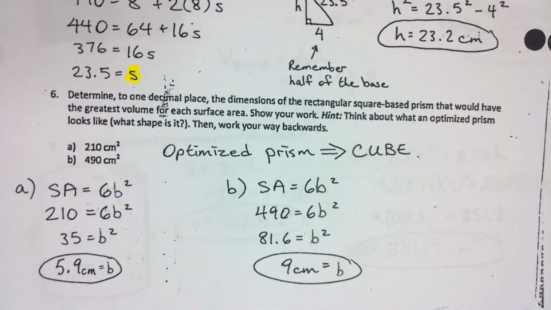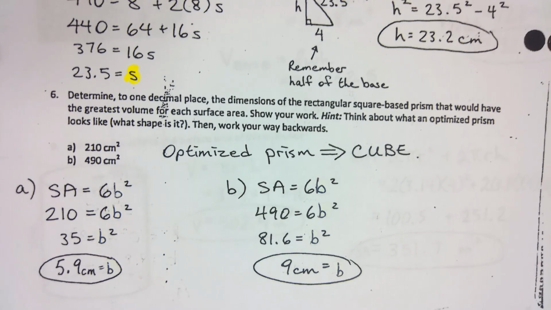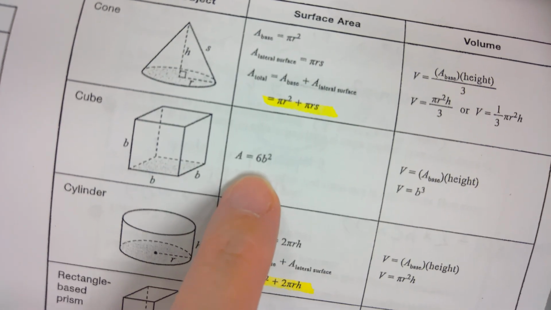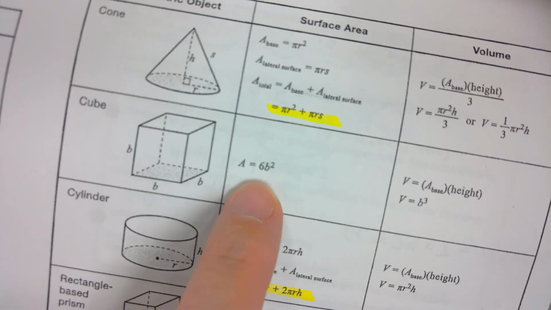Okay, and then 6b, same thing. You do the same thing to solve. Formula. From the formula. So surface area of a cube. Yep. Okay, so that's where the 6 came from.